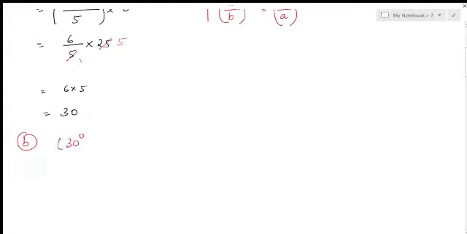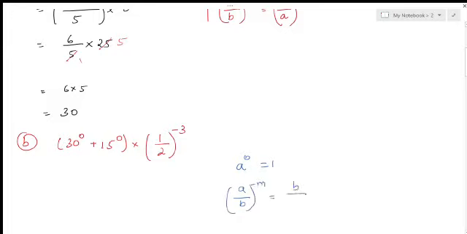B question, 30 power 0 plus 15 power 0 into (1 by 2) whole power minus 3. So what law are we going to use here? You can see a power 0 is 1 and (a by b) whole power minus m equals (b by a) whole power m.